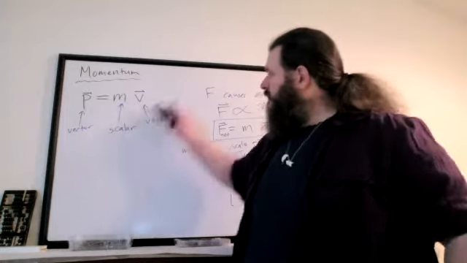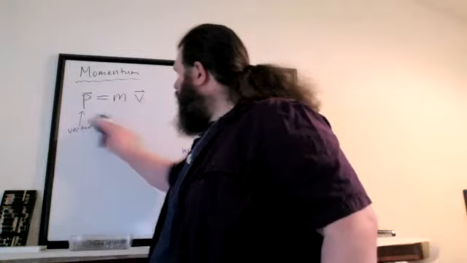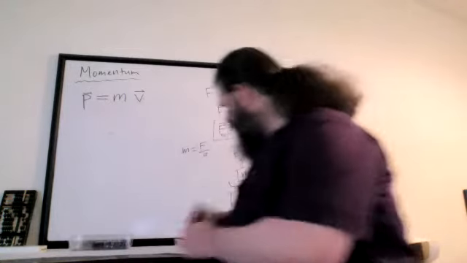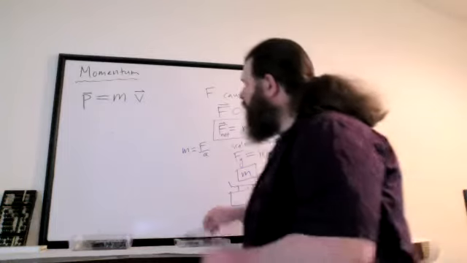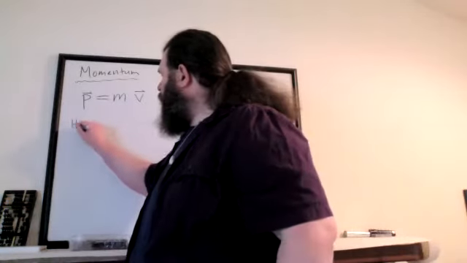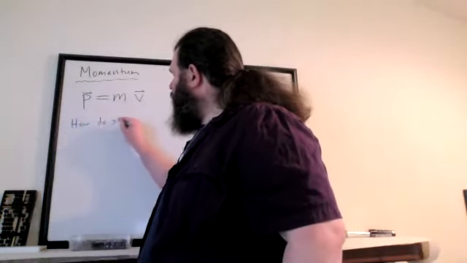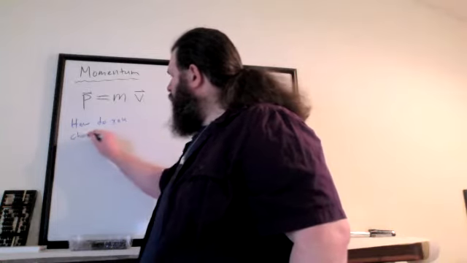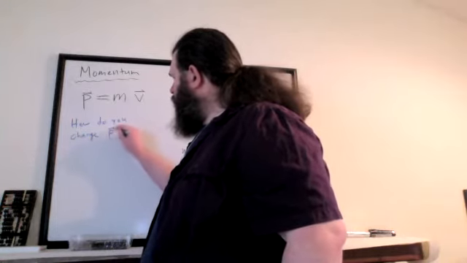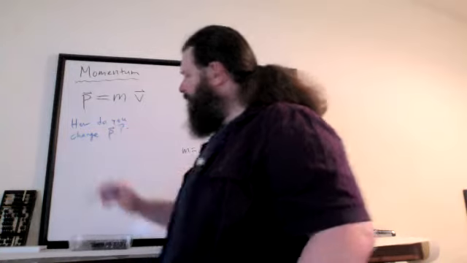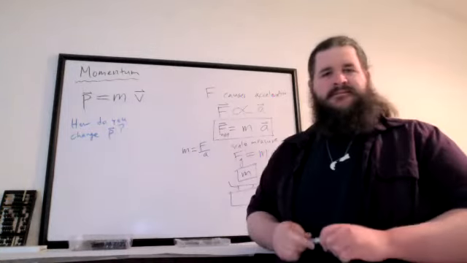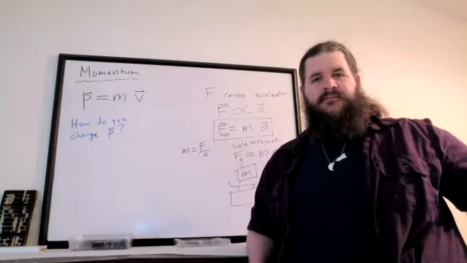So let's say we want to change the momentum of the object. This question is kind of off topic, but regarding conservation of momentum, does that mean that the momentum has to equal 0?